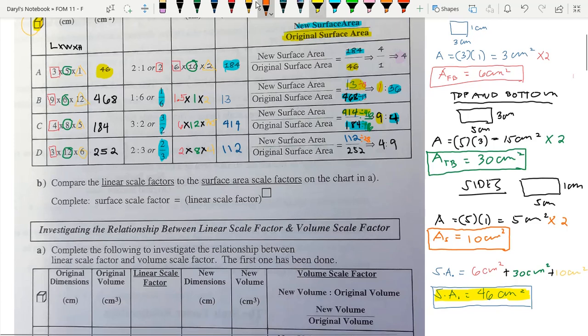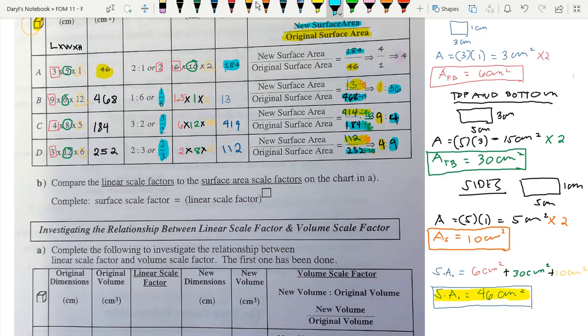So if I divide 112 by 28, it gives me an answer of 4. And again, to retain the value of this fraction, I also divide the bottom part by 28. 252 divided by 28 gives me an answer of 9.